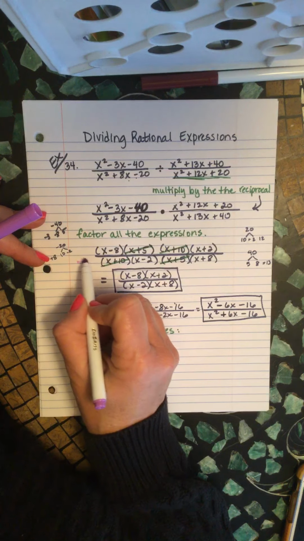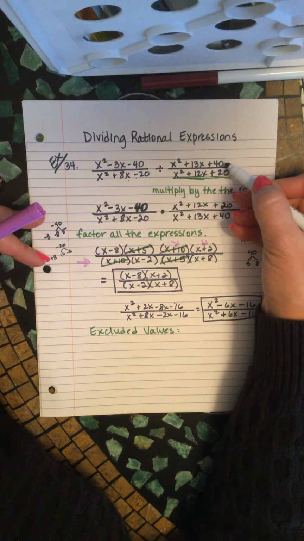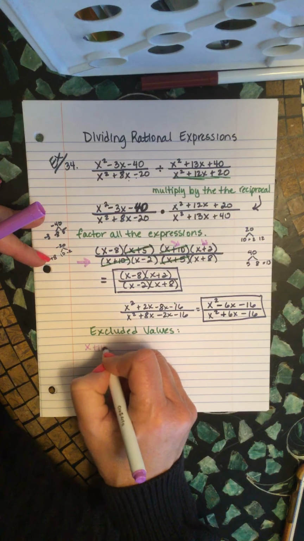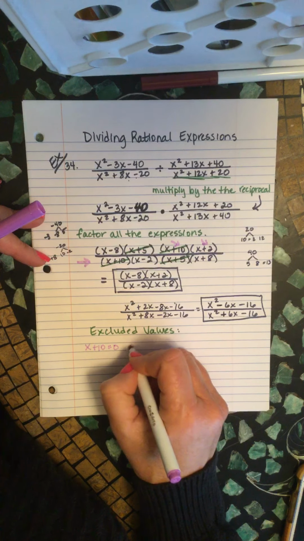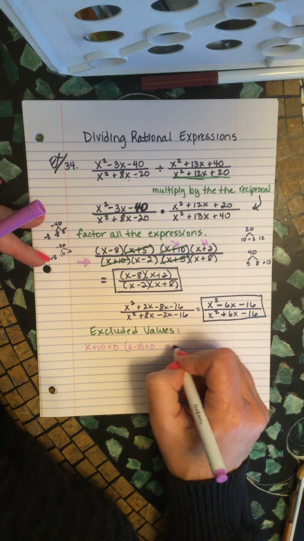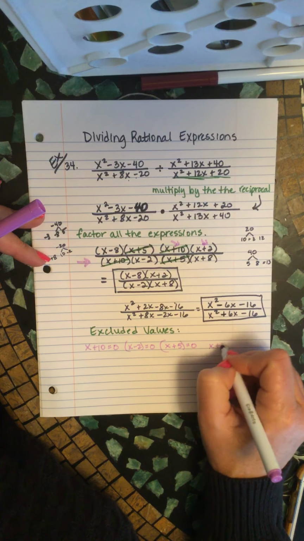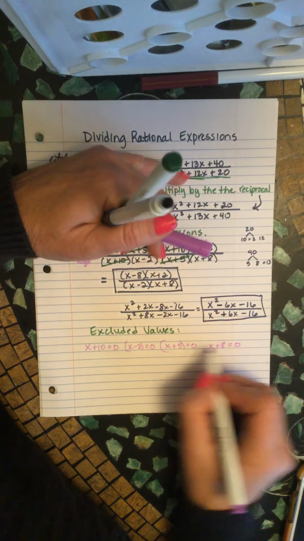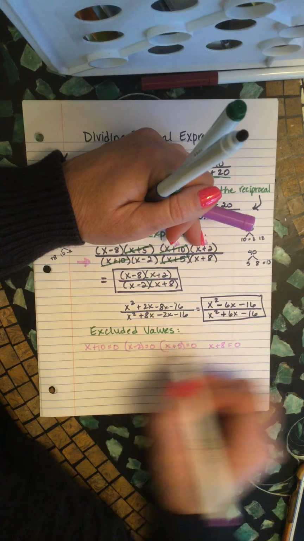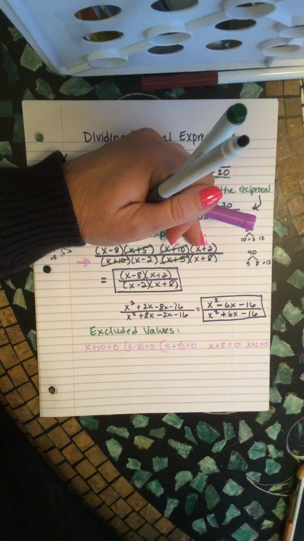We're going to look at all of these factors plus these, because these were originally in the denominator for the original problem. So I need to see what x plus 10, set that one equal to 0, x minus 2 equal to 0, x plus 5 equal to 0, x plus 8 equal to 0. We already have an x plus 10 equal to 0, and we already have an x minus 2, so we have to do the x plus 2 equal to 0.